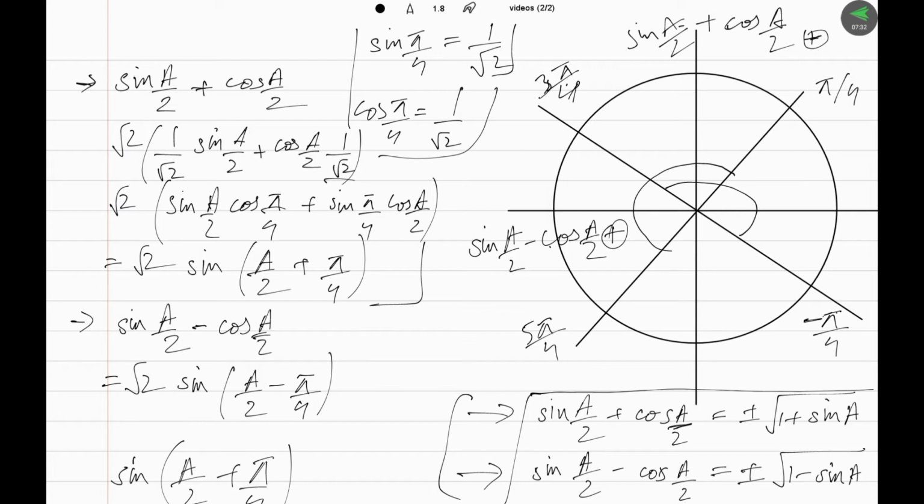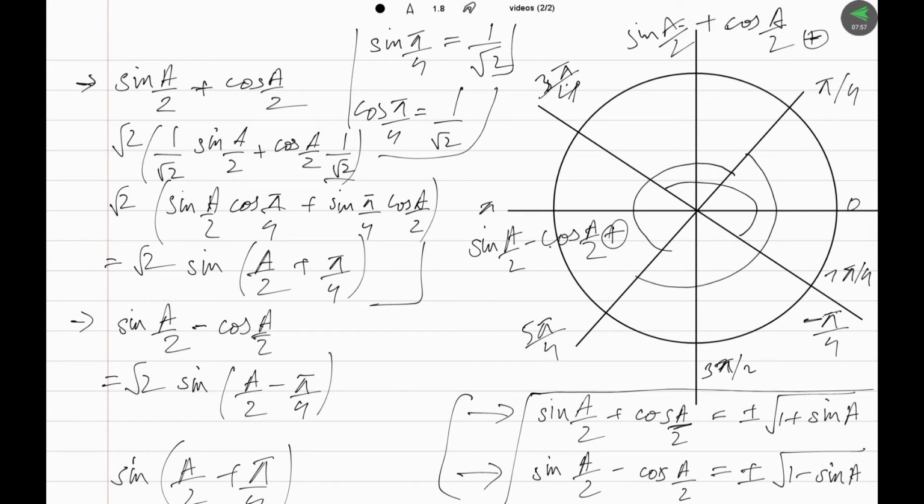Like if it lies in this region, then it will be negative. And this is 0, this is pi, this is 3 pi/2, this is minus pi/4 as well as 7 pi/4.